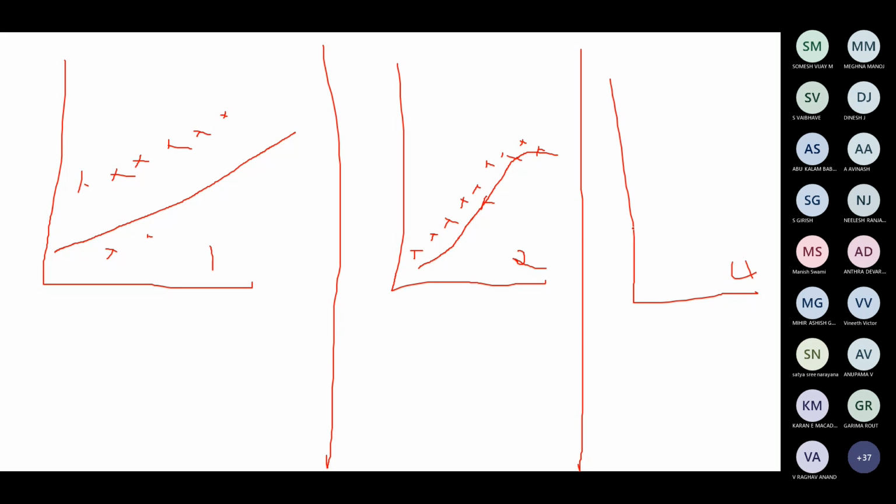But if I want to draw a polynomial of degree 4, the line will look like this.